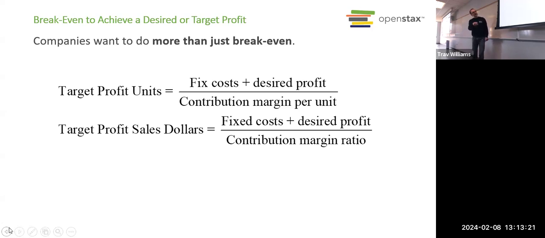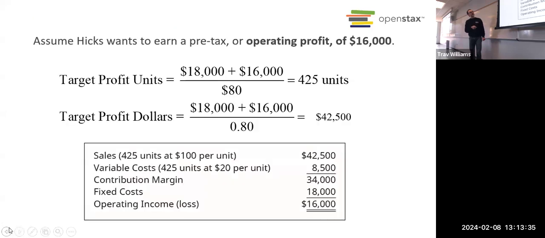Or divide fixed costs plus desired profit by your contribution margin ratio, and you know how many dollars of revenue you need to earn in order to reach that level of desired profit. That's not really too hard.